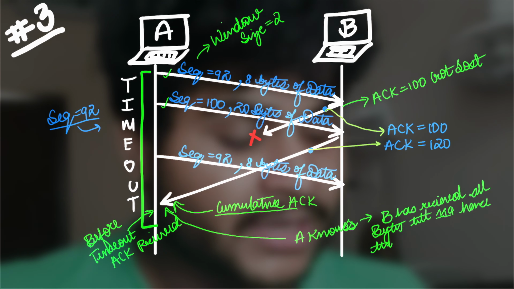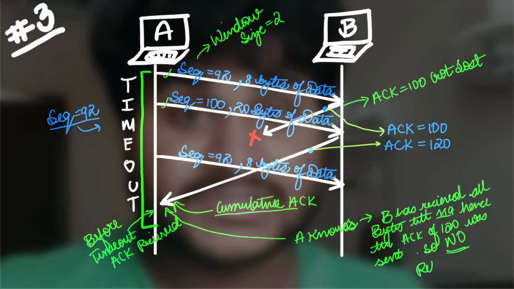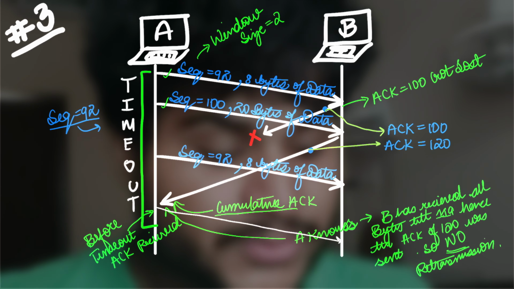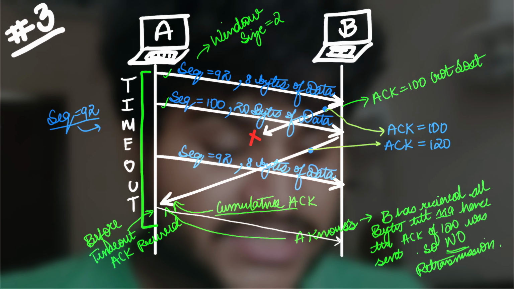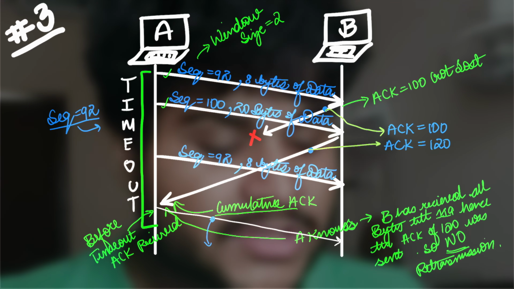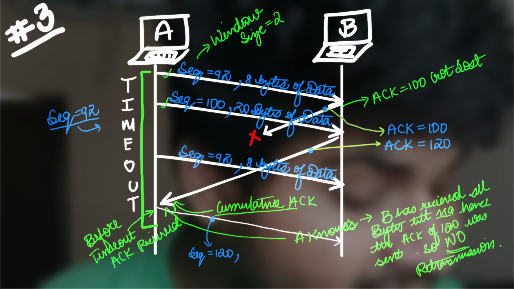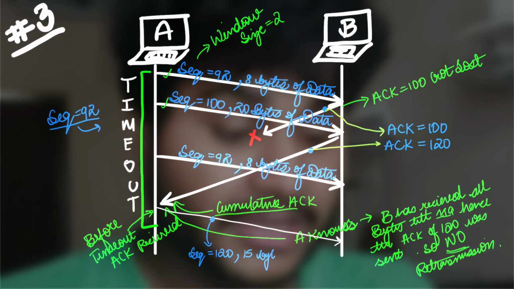Hence, it knows that the acknowledgement of 100 got lost because that was not received. And it is going to continue to send the messages after that. So sequence 120 and 15 bytes of data is sent.